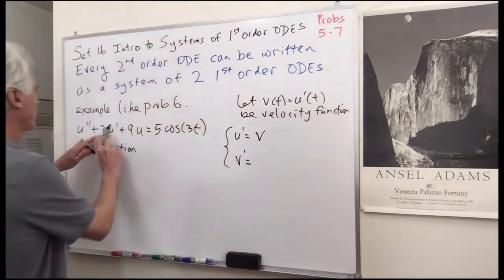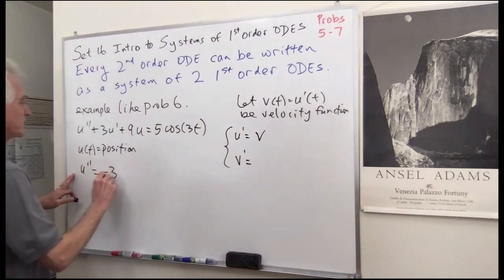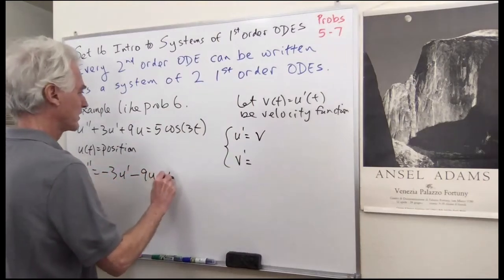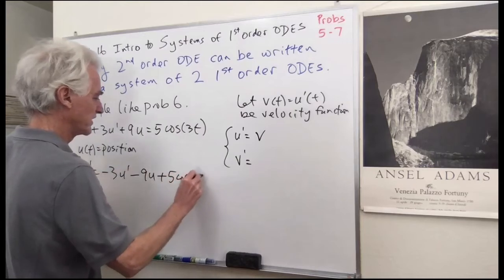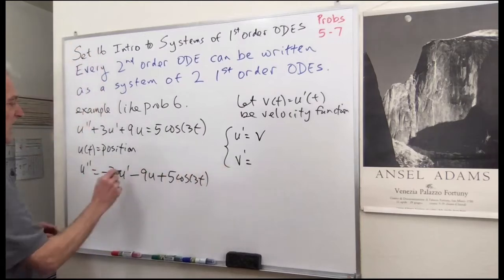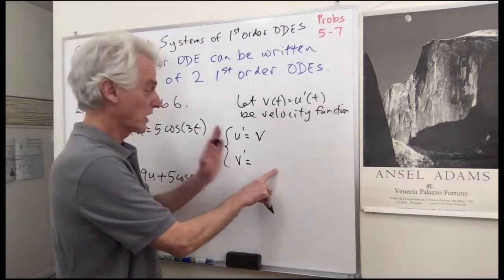And what is v prime? Well, I've got to solve this for u double prime. u double prime is minus 3u prime minus 9u plus 5 cos of 3t. So when I put it in the right-hand side, I can't use a u prime in this system.